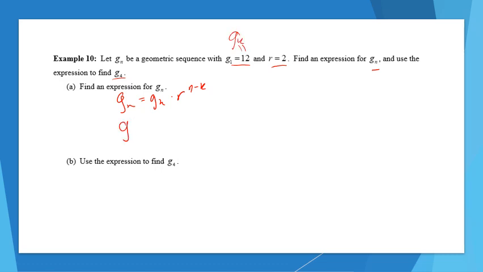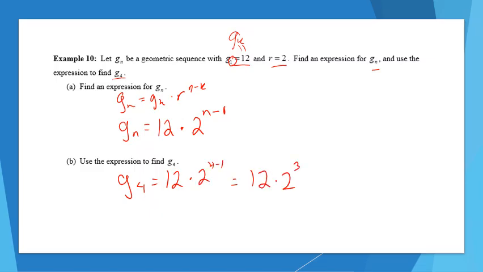So this would be g of n equals g of k, which is the number 12, times r, our common ratio of 2, to the power of n minus k, which is the positioning here, which is 1. So that's our general expression, and then we want to use this to find g of 4. So this would be 12 times 2 cubed, which is 12 times 8, which should give us 96. So that should be our answer there.